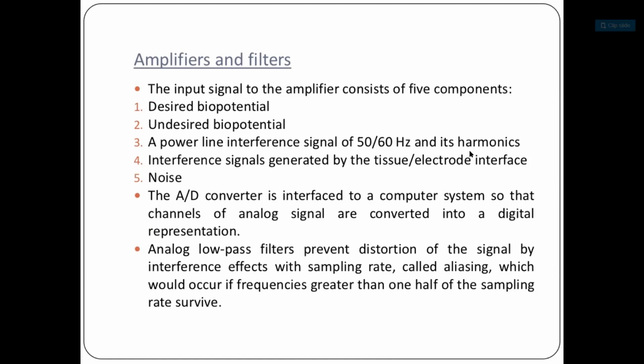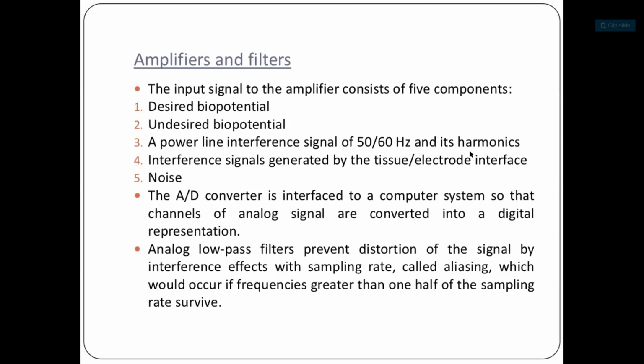Amplifiers and filters. The input signal to the amplifier consists of 5 components: desired biopotential, undesired biopotential, a power line interference signal of 50 to 60 Hz and its harmonics, interference signals generated by the tissue, electrode interference, and noise.